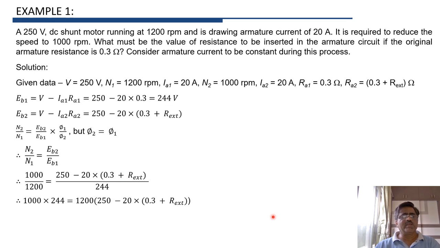So we can solve this for R external, and we will get R external as 2.03 ohm. It means that if a resistance of 2.03 ohm is connected in series with armature, then speed of motor will reduce from 1200 to 1000 rpm.